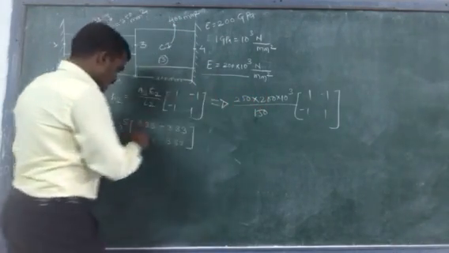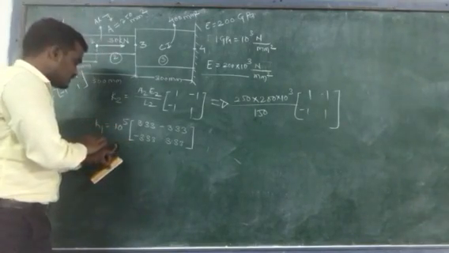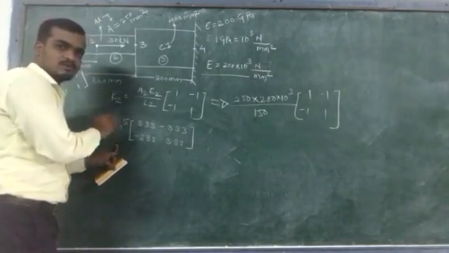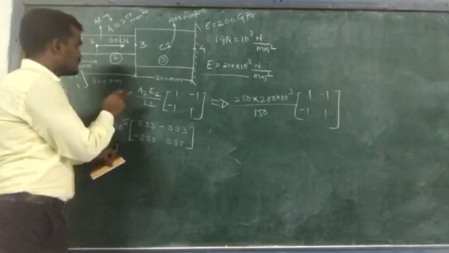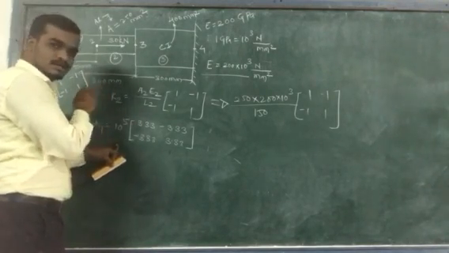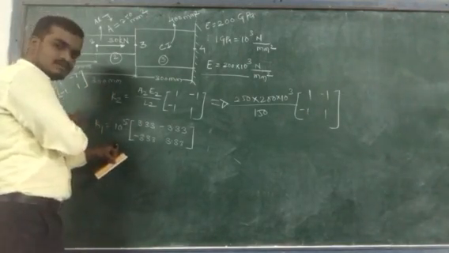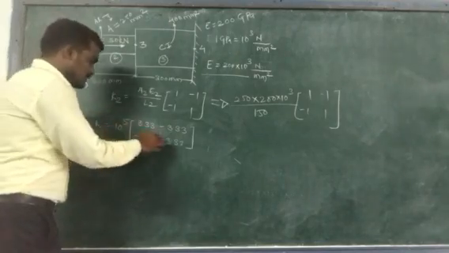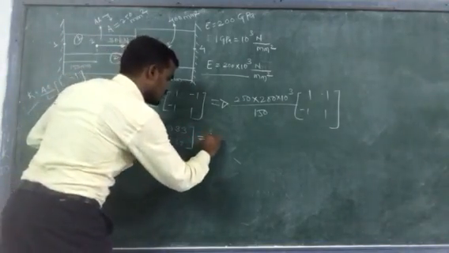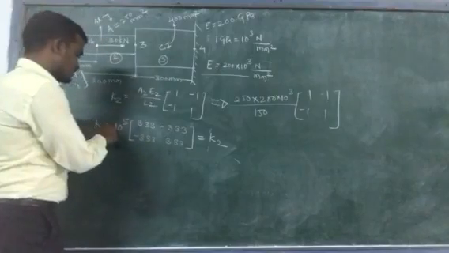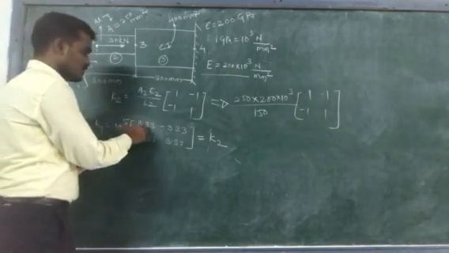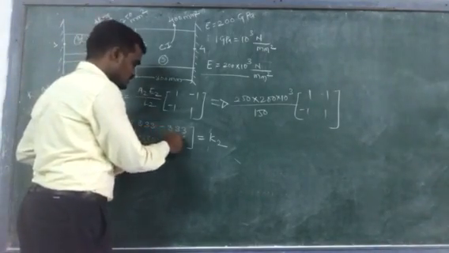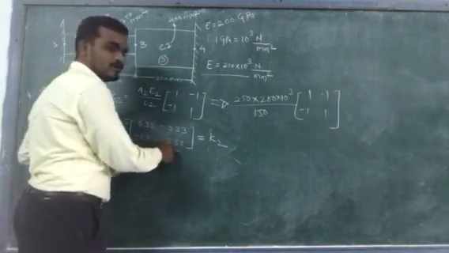As we have already determined our elemental stiffness matrix for element 1, and the parameters for element 2 are the same as the first, you will get K2 also equal to 10 raised to power 5 in bracket 3.33 minus 3.33, minus 3.33 plus 3.33.